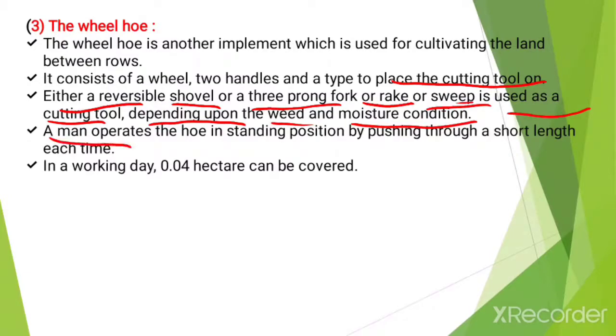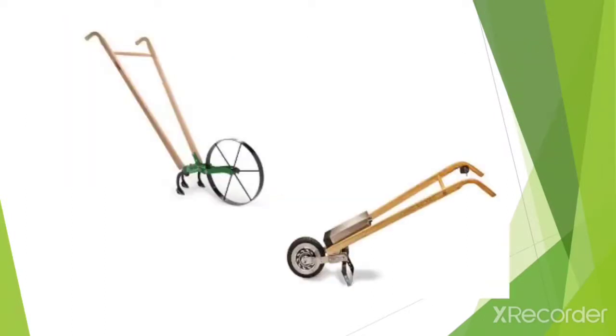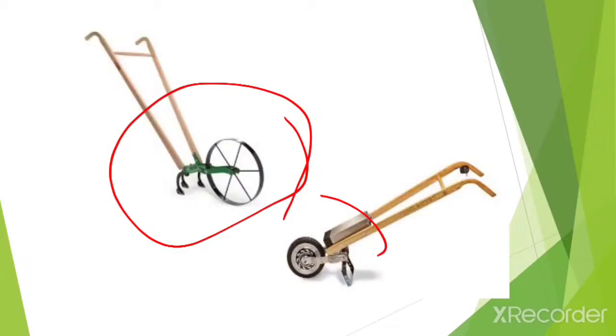A man can operate the hoe in a standing position by pushing through a short length each time, and in a working day 0.04 hectare can be covered. Now these are examples of wheel hoes.